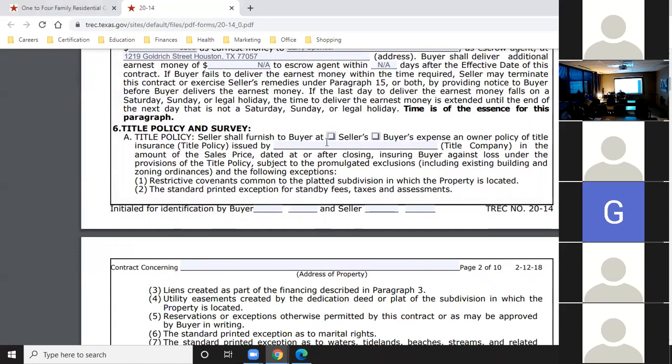So you want it to be as favorable to the buyer as possible. So what do y'all think? Check seller or buyer? Seller. He said seller? Yes. All right.